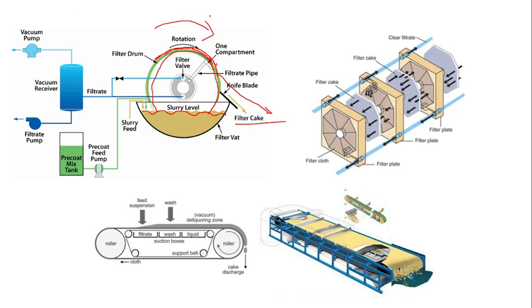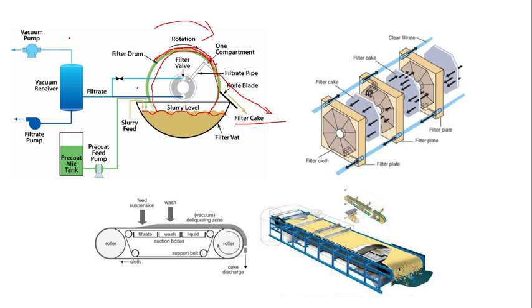So the filtration happens, the cake formation also happens, and washing is happening here, and because this is an open surface, partial drying will also happen. All these are happening simultaneously in this rotary vacuum filter drum.